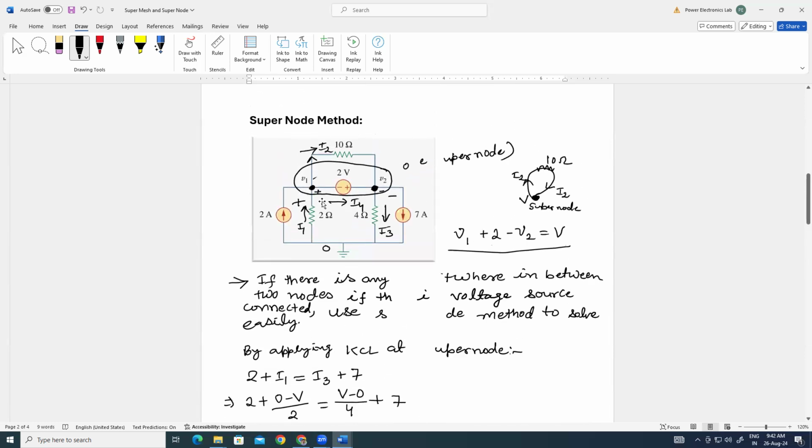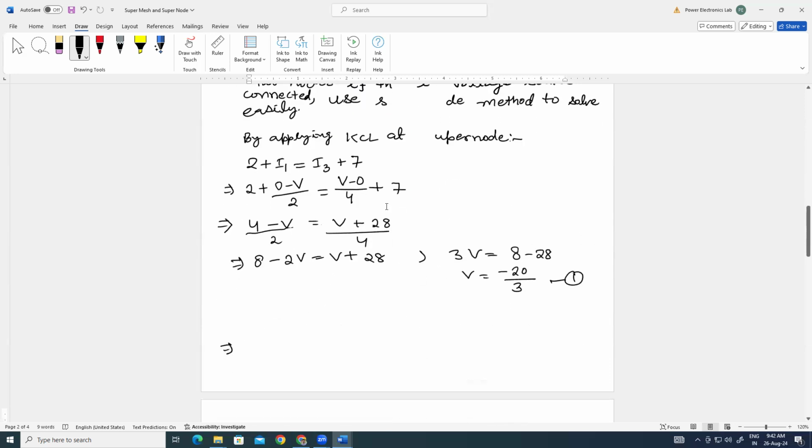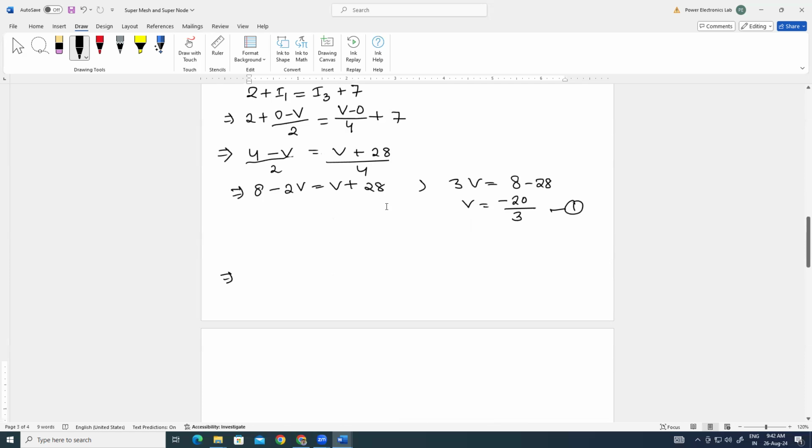So when we apply KVL, we can see that V1 plus 2 minus V2 is equal to 0. So the KVL equation will be V1 plus 2 minus V2 is equal to 0. It means V1 minus V2 is equal to minus 2.